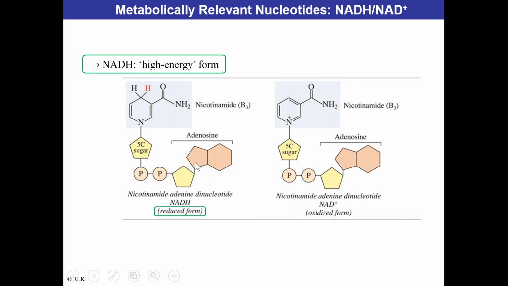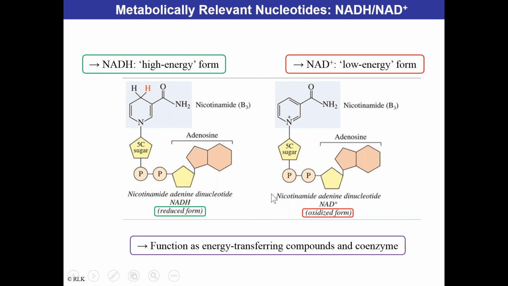These are going to be the agents responsible for helping keep the balance of the electrons. All right. So NADH is the high energy form, and the low energy form is the oxidized form. So they are always present in the redox pairing. For instance, if there is going to be a reduction, let's say ATP going to ADP, well, NADH and NAD plus may be present.